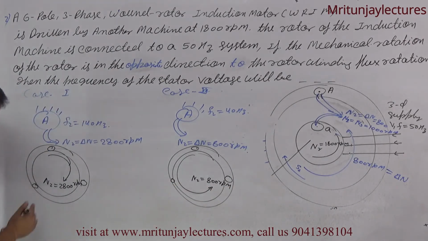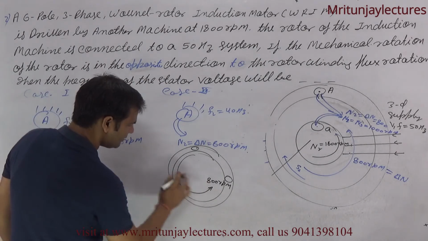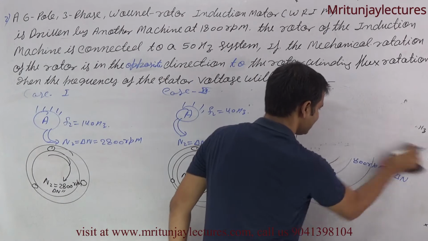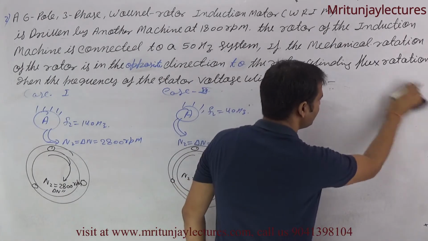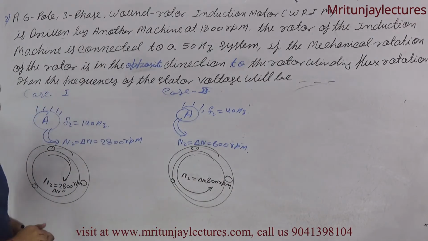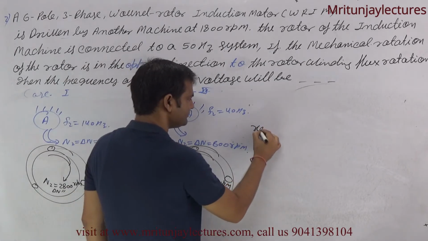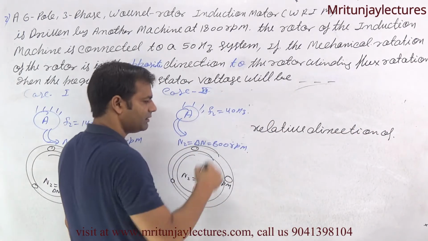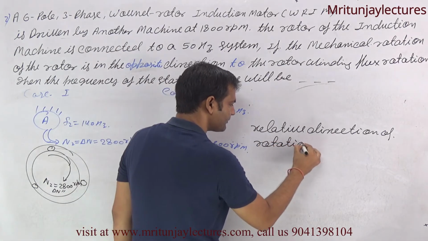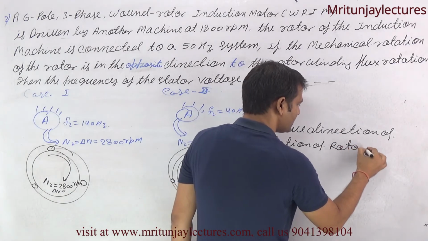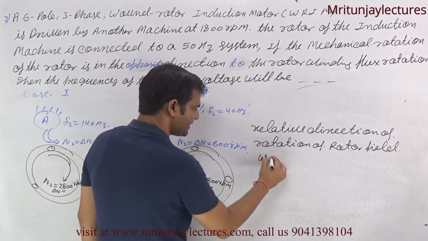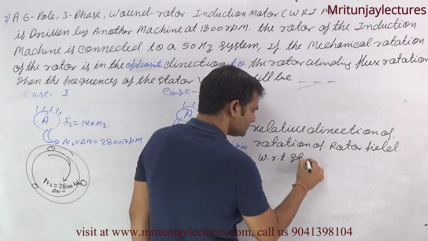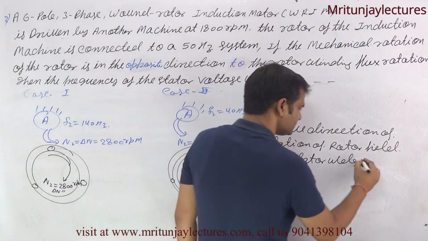N2 like this one, and N2 means here delta N. Okay, it means the relative direction of rotation of rotor field with respect to stator winding is reverse.